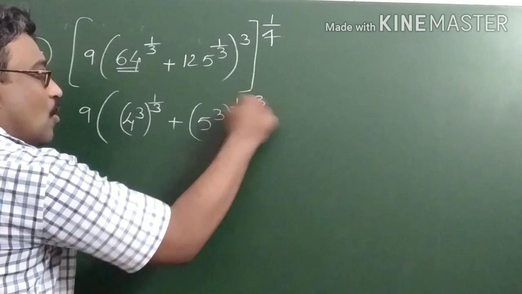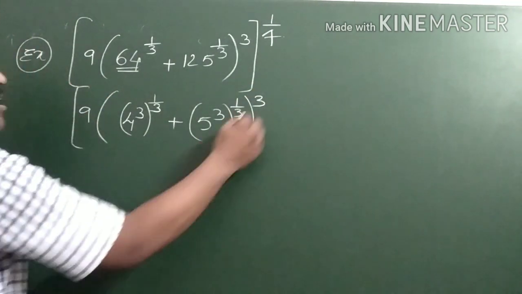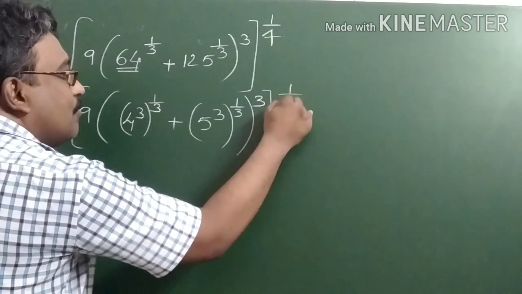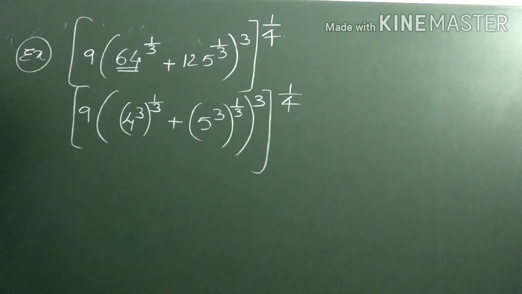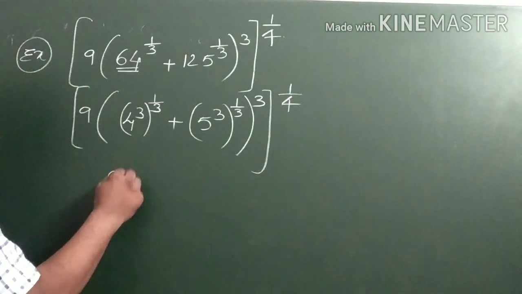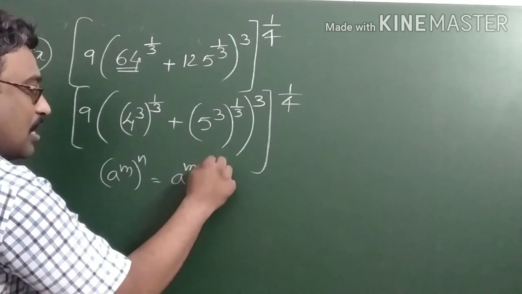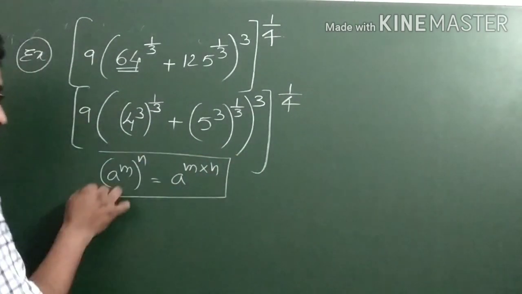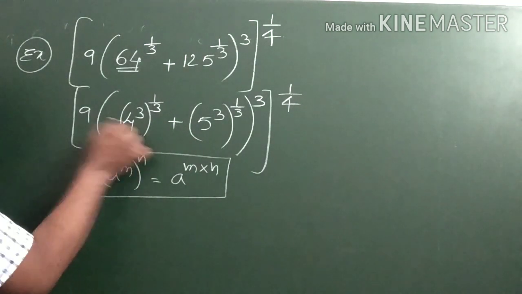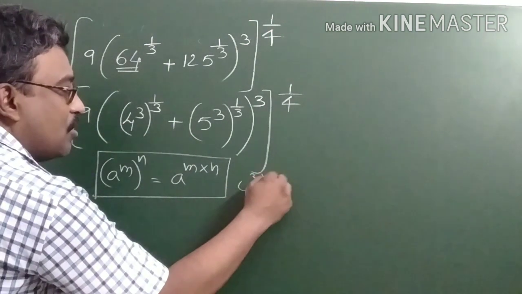After that, whole to the power of 3 is there, complete whole to the power of 1/4. Now this is in the form of (a^m)^n, a to the power of m into n. If you apply this formula, 4 to the power of 3 into 1/3.